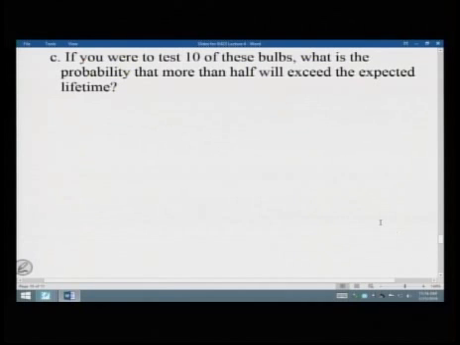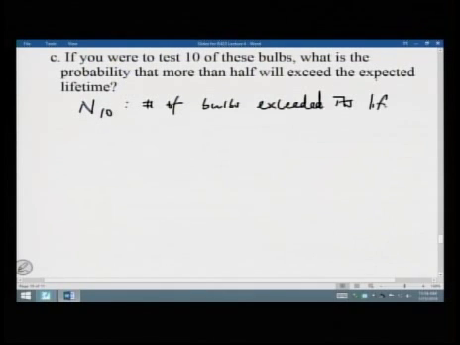So we're going to define N sub 10. What is that? That is the number of bulbs exceeding the expected lifetime of 50 days among the 10 bulbs tested.